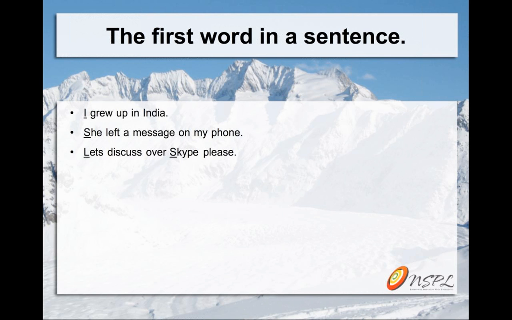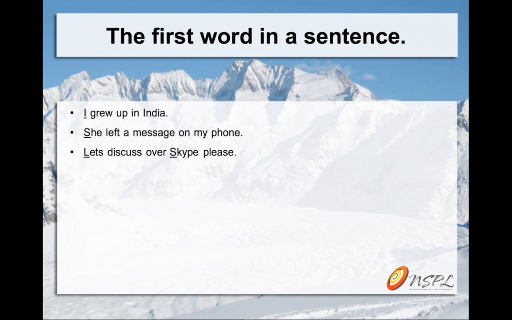So this is an example. First word in a sentence. When it is the first word in a sentence, it should always be capital. A sentence is a combination of many words, that means one line. For example, if I say, I grew up in India, the I is always capital. She left a message on my phone.